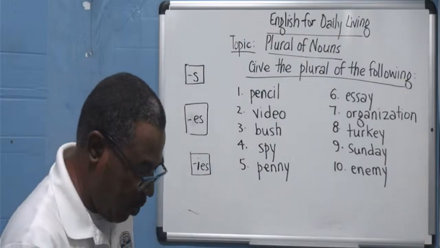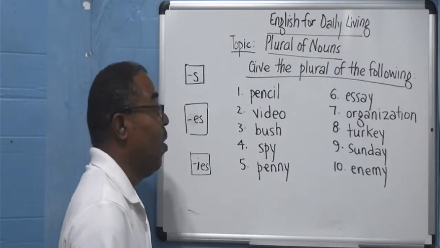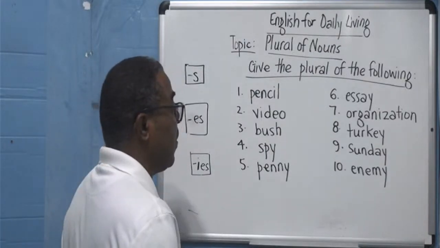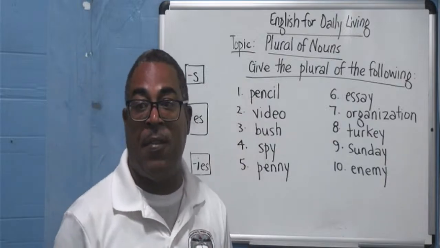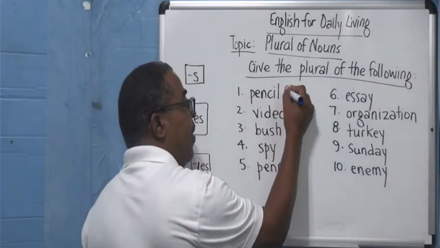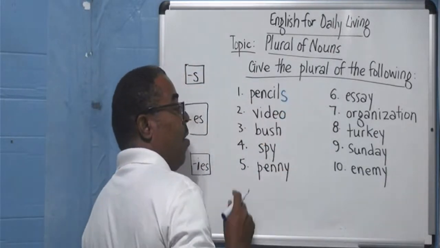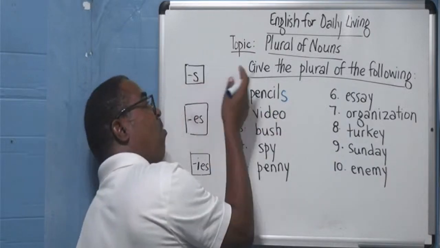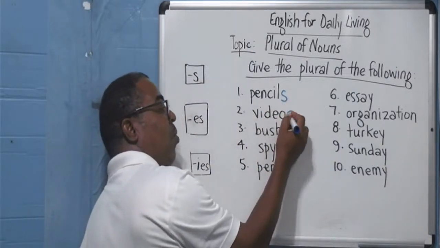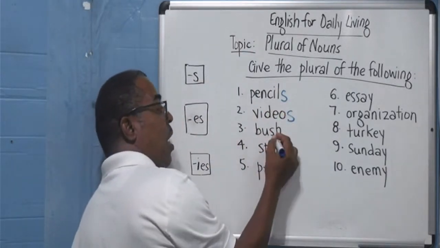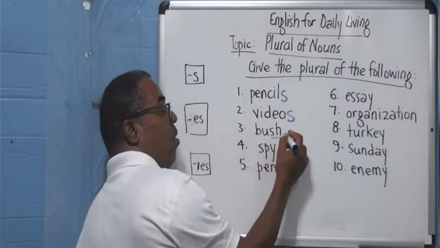Alright, let's go ahead and come up with our answers now. So the plural of pencil is pencils. Video, in the first category, we just add S, videos. Bush, it ends with SH, so bushes.